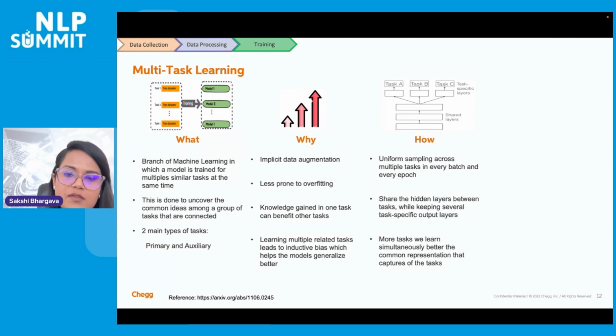Along with it, we can also optionally have a few task-specific layers. These task-specific layers are learned independently for each task. The losses for individual tasks are weighed differently depending on the importance of the task. So for the multitask model, while it's training, we train for the weighted sum of the task-specific losses.